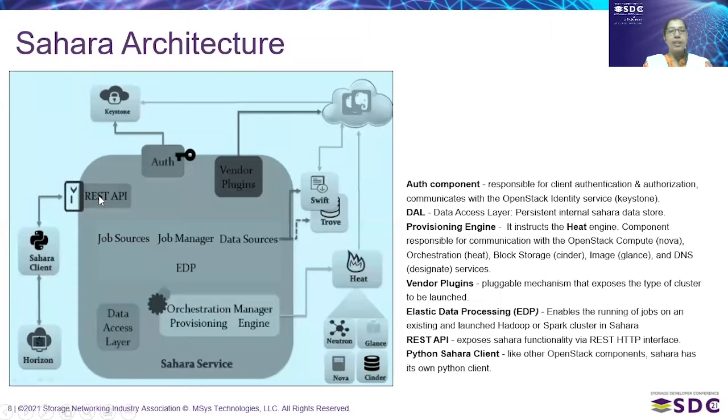From there, it authenticates with Keystone, and there are vendor plugins to choose our own vendors, and data sources to store our input and output data. It can be stored externally, like Swift, Trove, an orchestration manager which actually uses Heat, and a data access layer for internal storage.